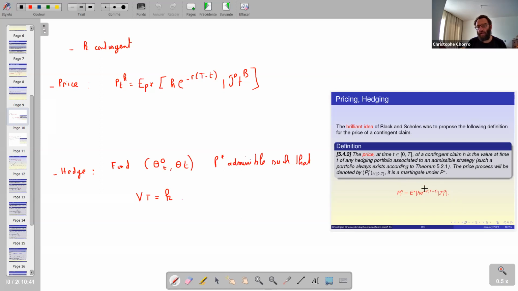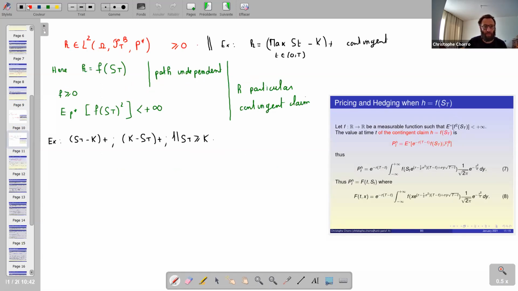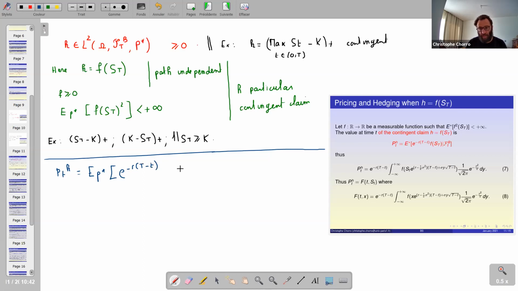The price is given by this conditional expectation under P star of exponential minus R (capital T minus t), where here my H is f of S capital T, given F_t.